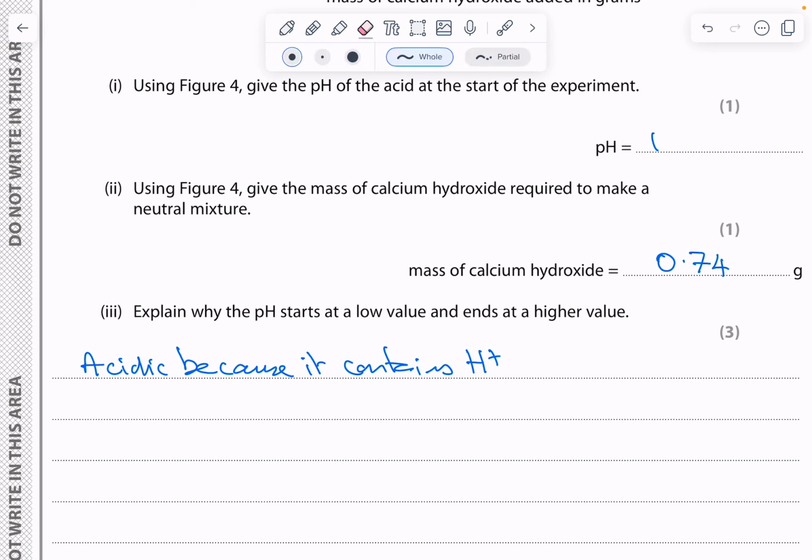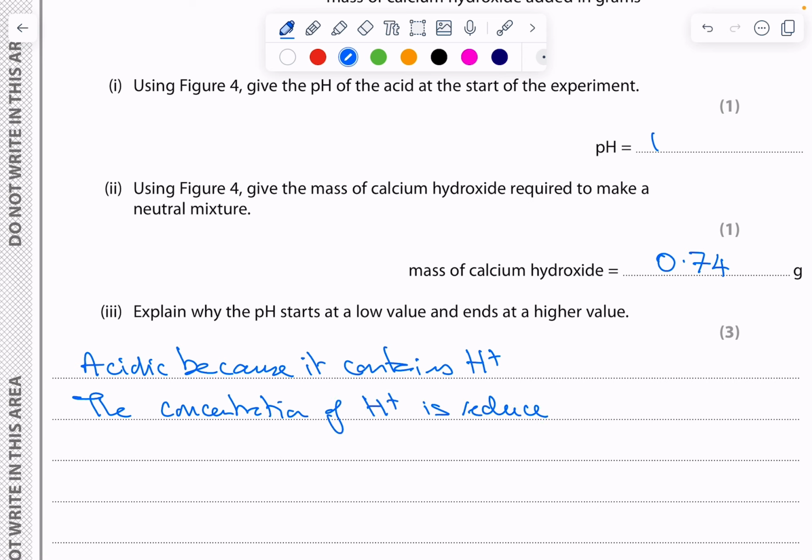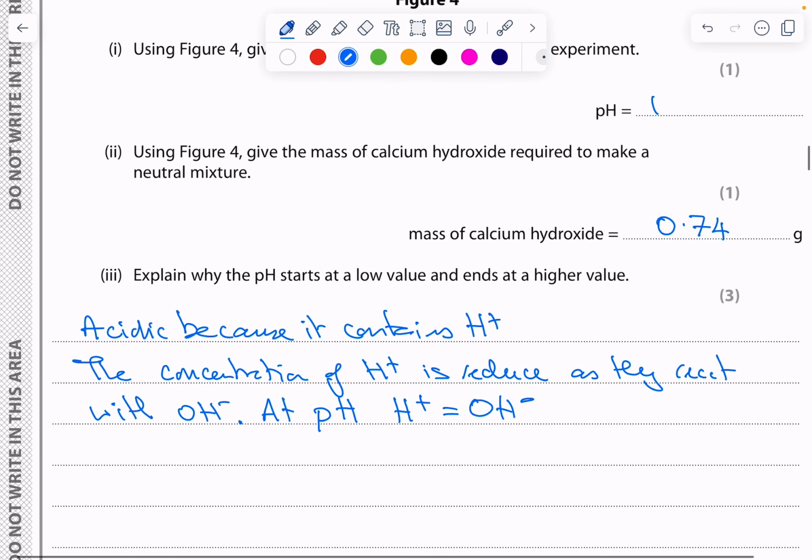Then as the reaction goes on, the concentration of hydrogen ions is reduced because they're going to react with the hydroxide ions. So that neutralizes it. We've got at pH 7, H plus ions from the acid are equal to OH minus ions from the hydroxide. So we've got that fact in there.